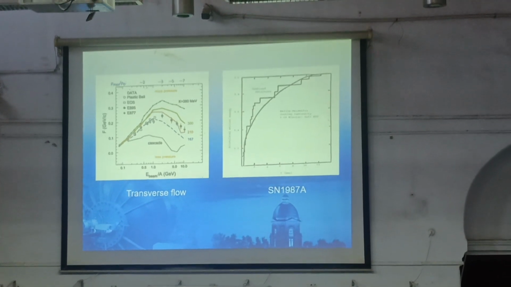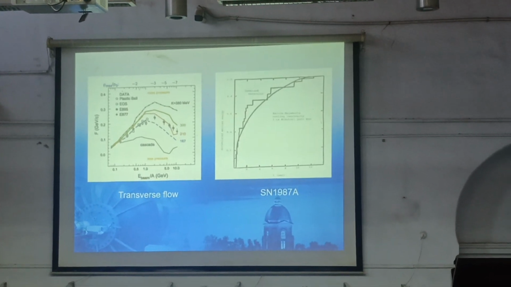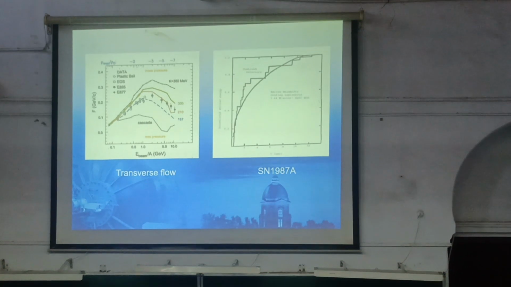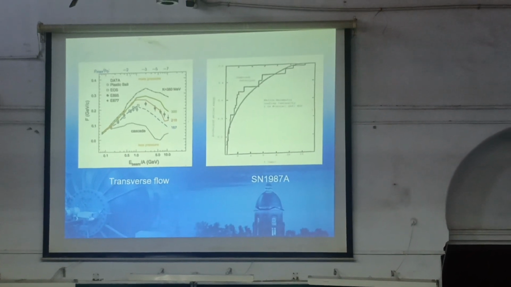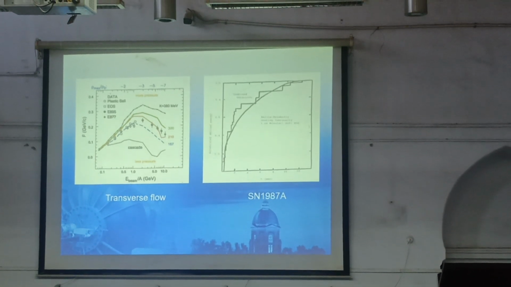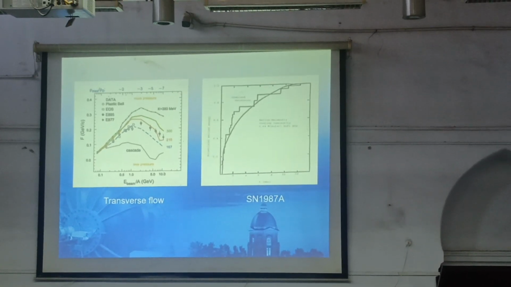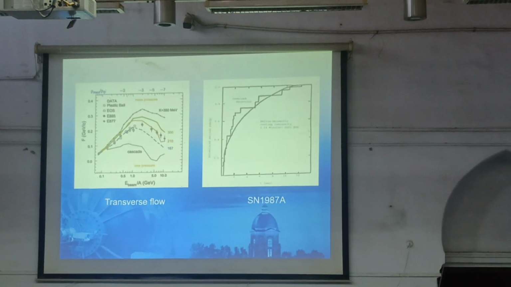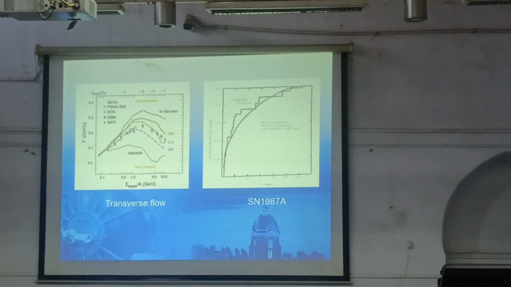We observe supernovas all the time. This supernova was very special, in that for the first time we saw neutrinos coming in simultaneously from it. And that gave rise to a completely new way of looking at the heavens, neutrino astronomy.